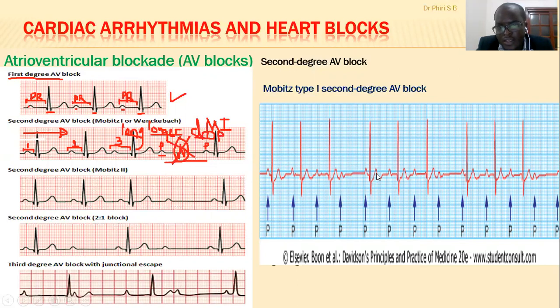Even here you can see, to go back to the normal, then you have a progressive elongation of PR interval, then you have a part whereby you have a dropped heartbeat, a P wave without QRS complex. So this is a Mobitz type 1, second degree AV block, which is called Wenckebach.